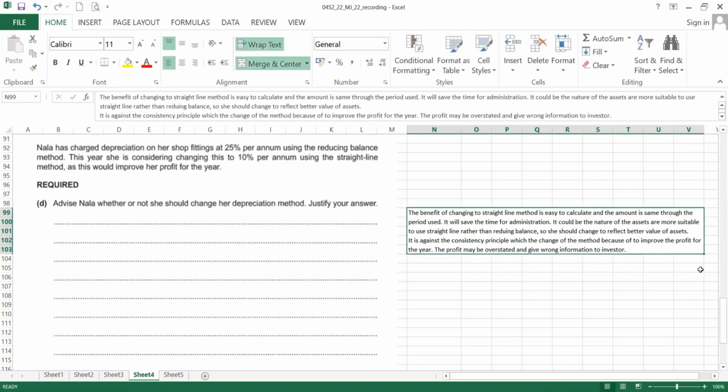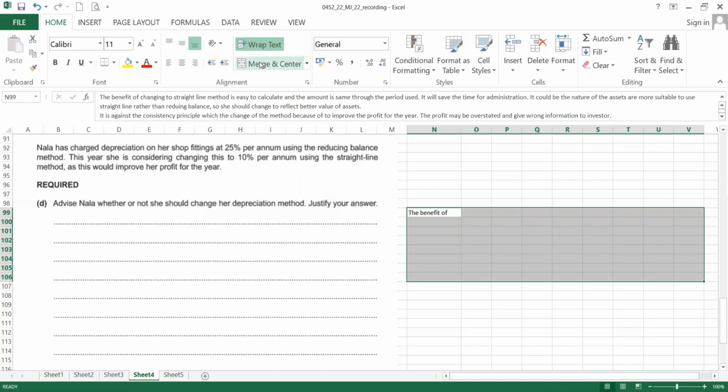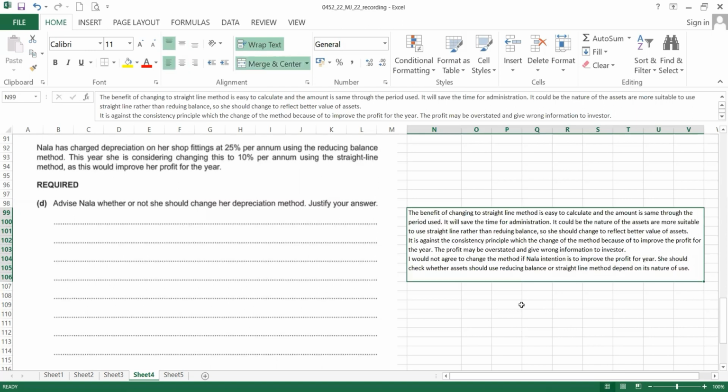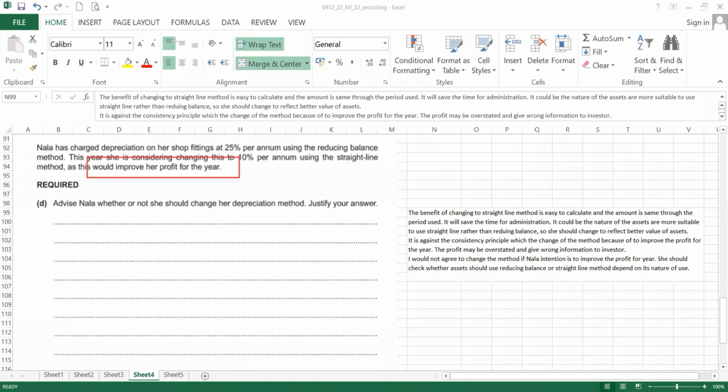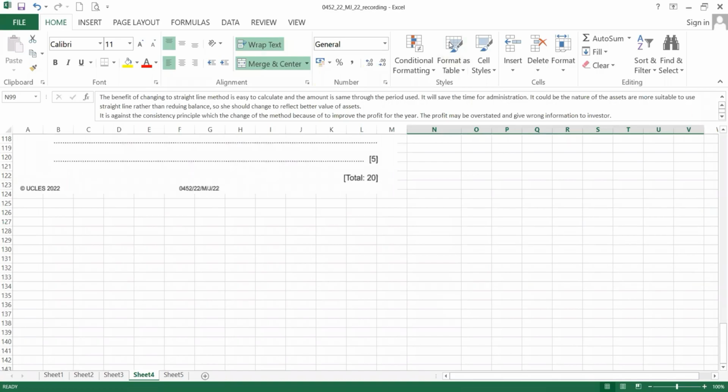So this is the answer that I will share. I do not agree that she changes the method just to improve the profit, because this is against the accounting standard. Okay, let's move on. That is for question number 4.